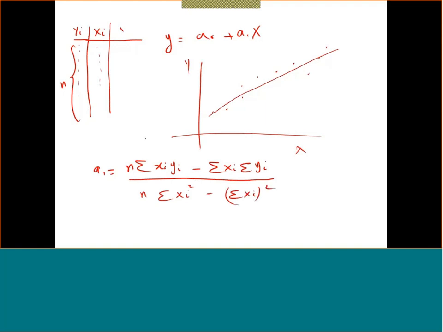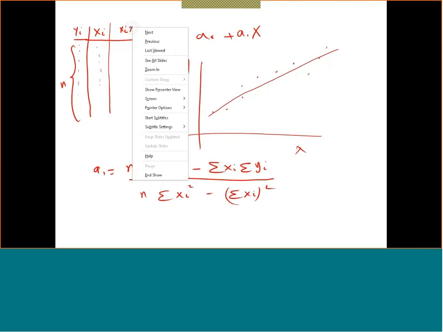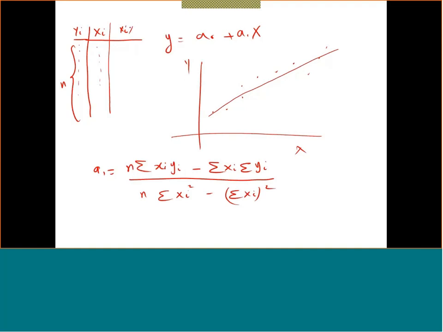So basically, once you have yi and xi, then you have to find xi, yi multiplied, and then you need to find the summation here. So you find the summation of yi, which is this one. You find the summation of xi, which is this one.